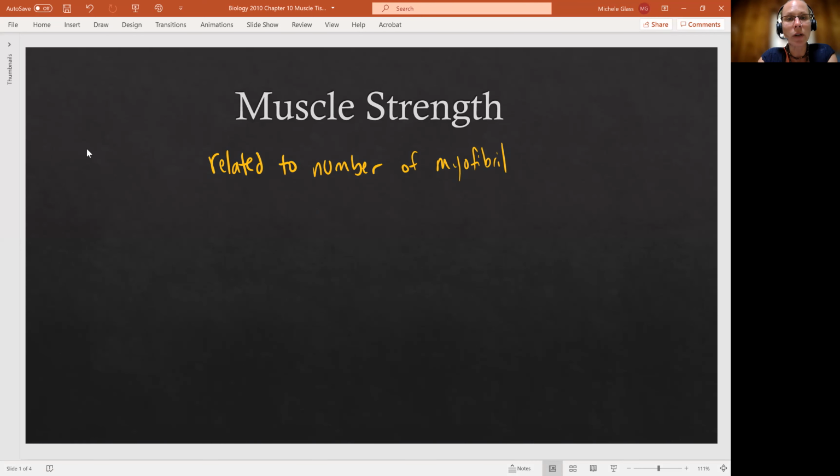It's composed of myofilaments. Myofilaments are your actin and your myosin, your thin and your thick filaments, remember? And the myofibril is organized in sarcomere units. So we can also say it's related to the number of myofibrils and sarcomeres.